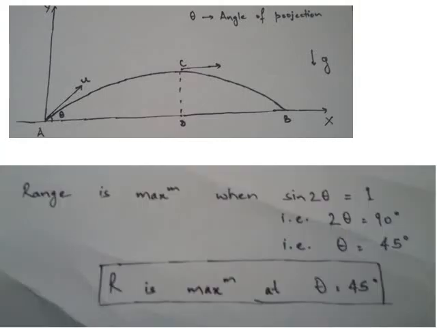For a given throwing speed u, we can conclude from the equation that range will be maximum when sin 2 theta equal to 1. In other words, when 2 theta equal to 90 degrees, or when the angle of projection is equal to 45 degrees. Hence, range is maximum when theta equal to 45 degrees.